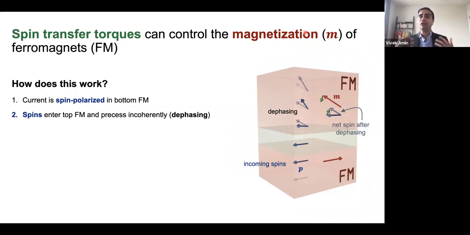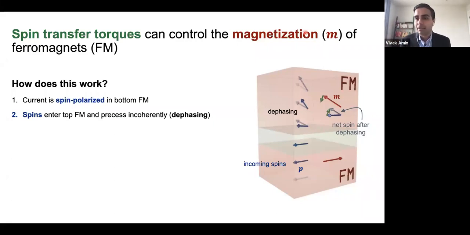So if you imagine all of these electron spins which are precessing around this magnetization, the only thing that's common about all of those spins is their component of spin that's longitudinal to the magnetization. So the transverse component is now going to be rotating in the plane which is perpendicular to the magnetization. And so electrons which are tunneling from different electronic states are going to have a different precession wave vector as they go into this ferromagnetic layer.